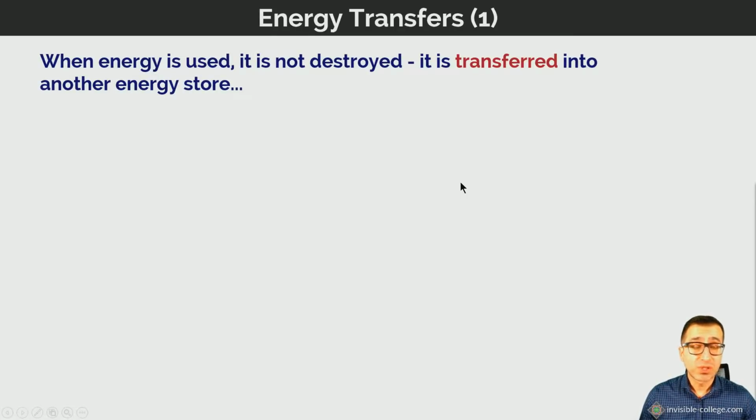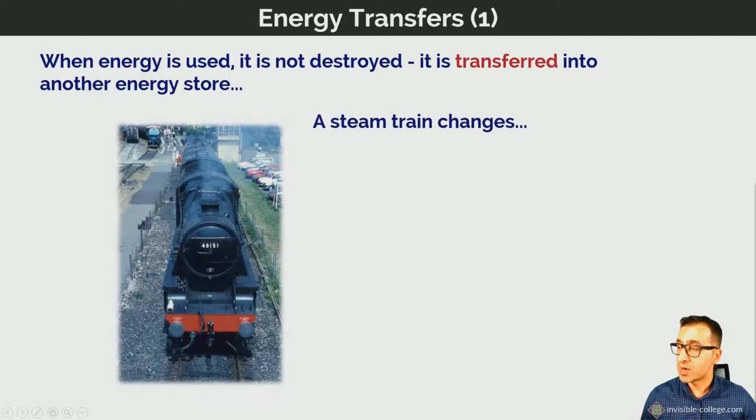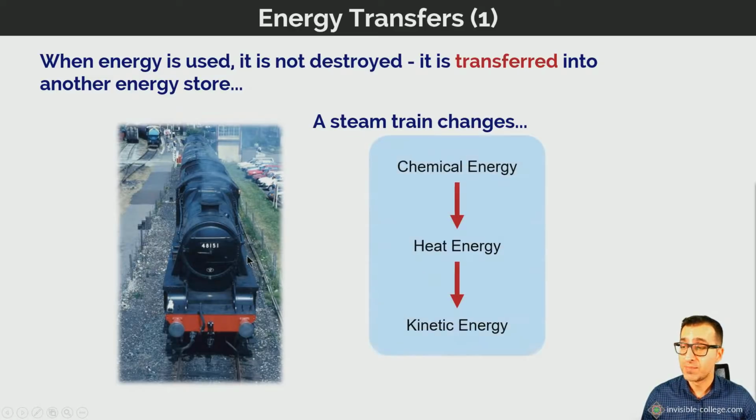So when energy is used by devices, and perhaps I should put the word used in air quotes here, it's not destroyed, it's transferred into other objects, into other phenomena. So at a very basic level, and again I'm simplifying things somewhat here, if we have a steam train, then the coal that's burning in that steam train represents a store of chemical potential energy which is being released as heat energy.